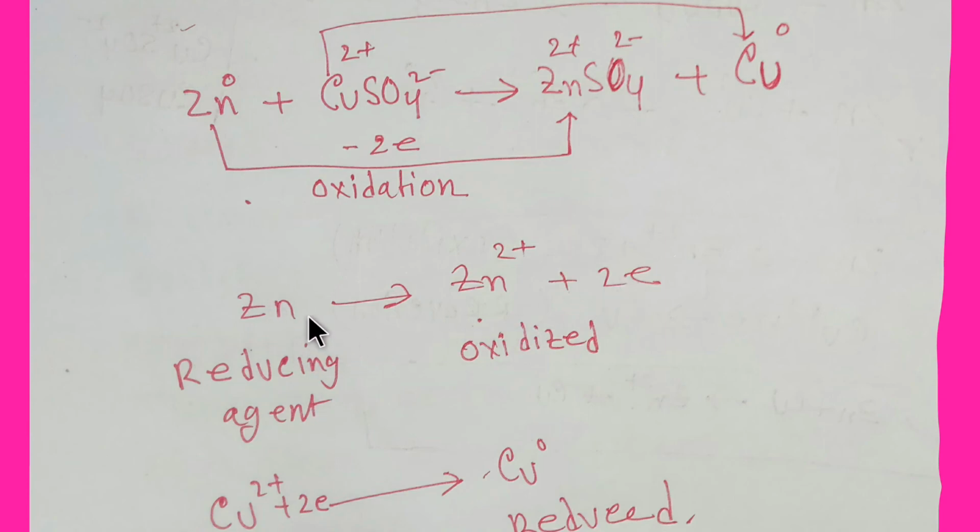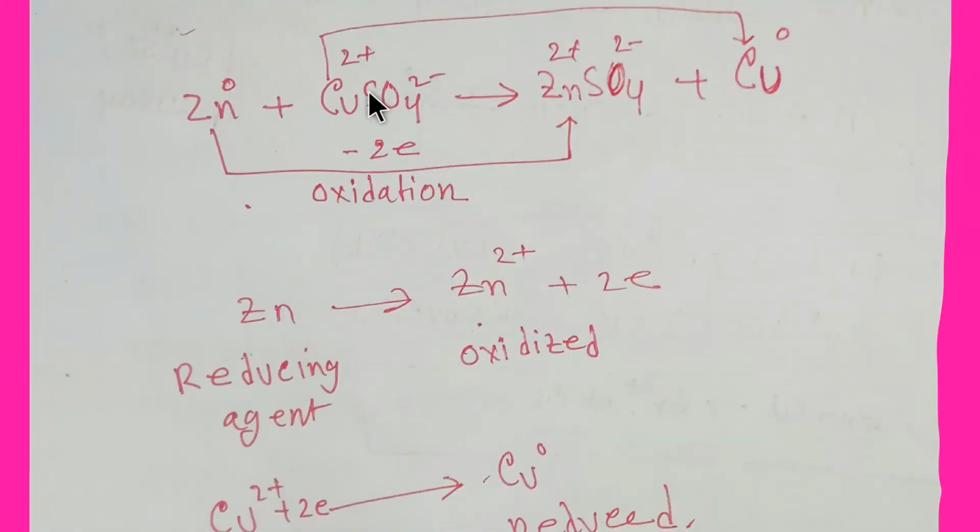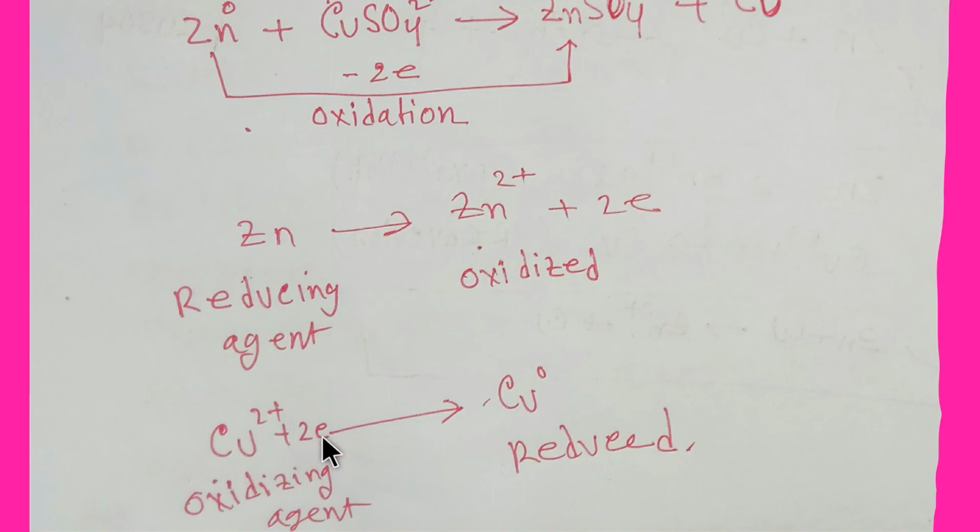After releasing electrons, this reducing agent is oxidized. This is the oxidized state, and the oxidation number of zinc here is 2 plus. Here the oxidation state of copper is 2 plus, but here the oxidation state of copper is 0. That is, after gaining 2 electrons, copper goes to copper 0. That is, the oxidizing agent is reduced here after gaining 2 electrons.